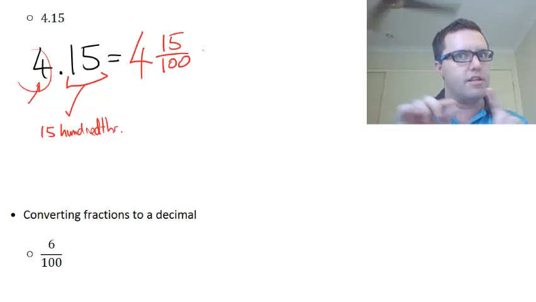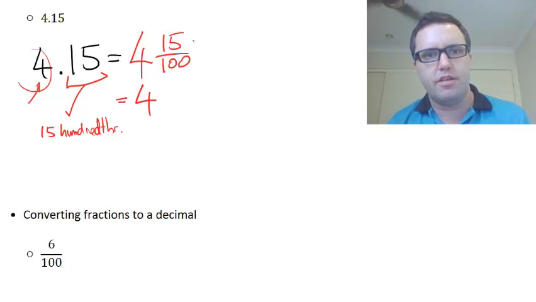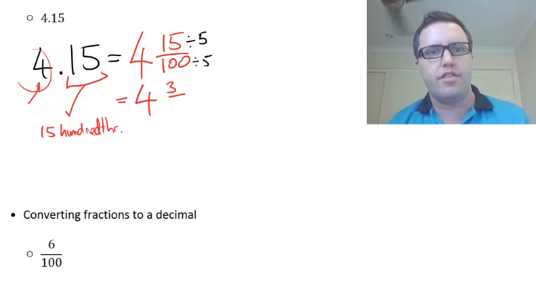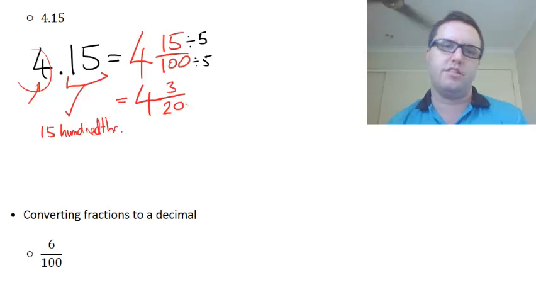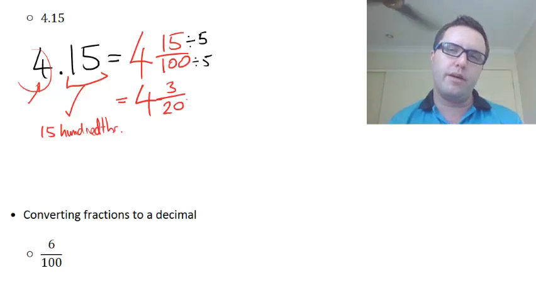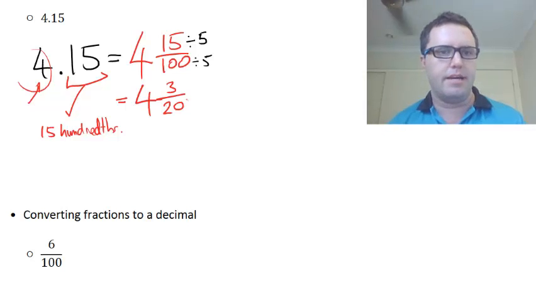Now we can't just stop there, because 15 and 100 are both divisible by 5. So we divide by 5, divide by 5, and we end up with 4 and 3/20. That's how we go about that. When there's a whole part of the number, it's probably easiest to create a mixed number like that.